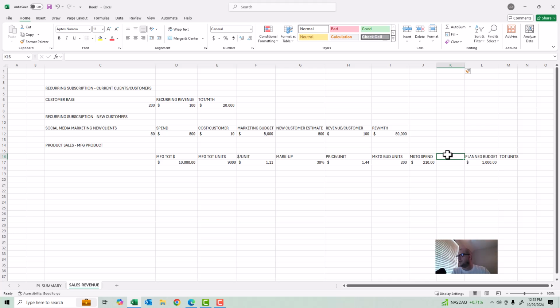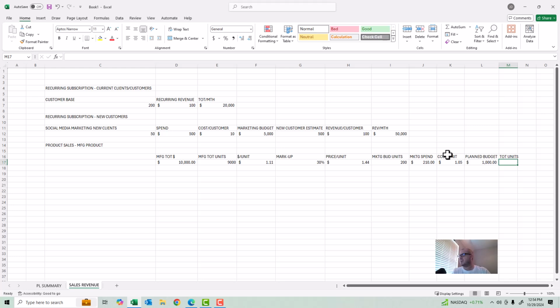What's my cost per unit for marketing? Cost per unit equals, it cost me $1.05 to make one sale for marketing purposes.